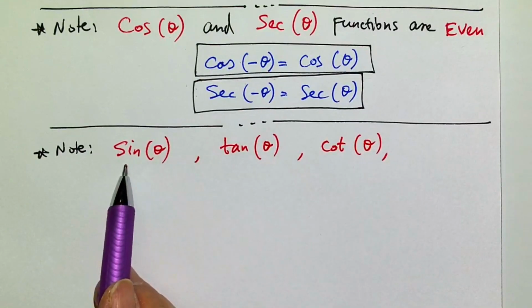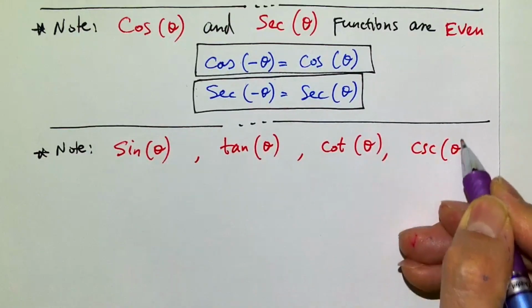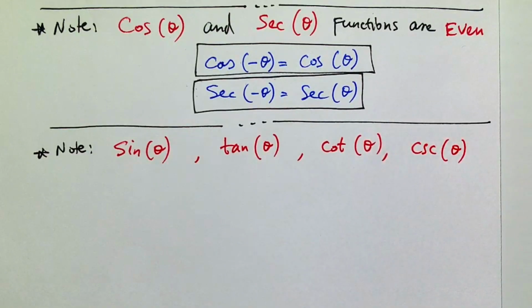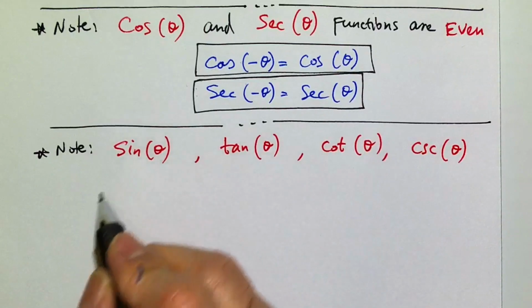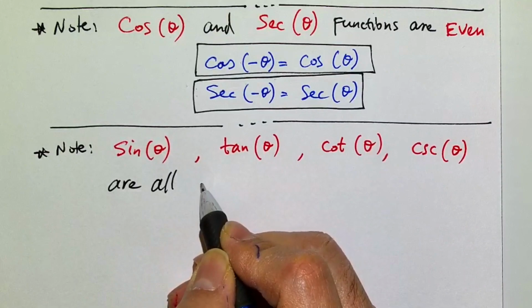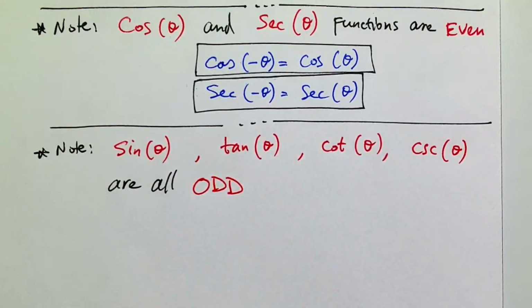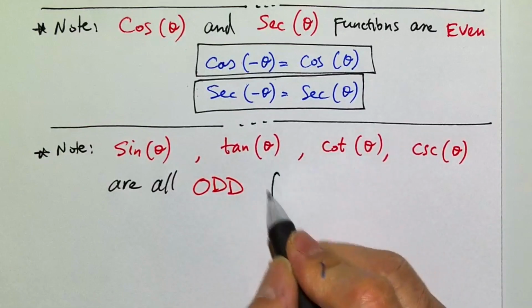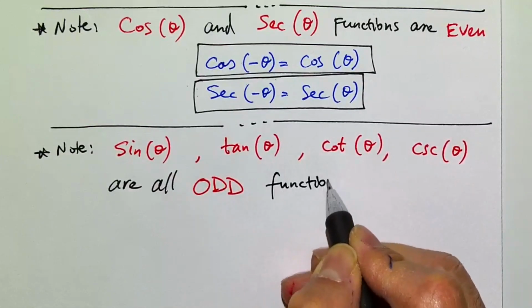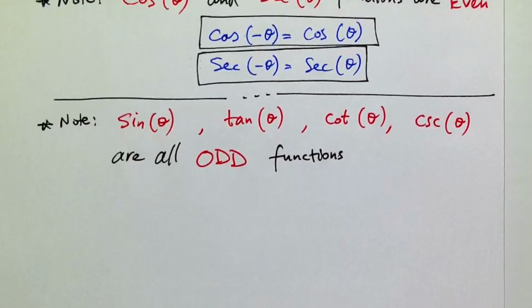Cosecant of theta is the reciprocal of sine theta. Are all odd functions. All odd functions. Okay, so what does that mean?